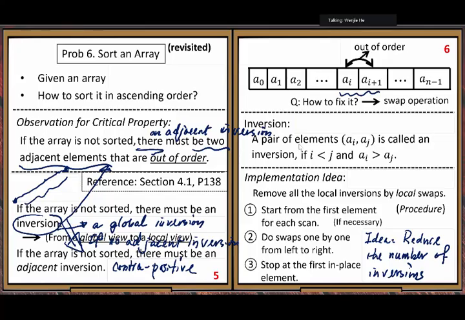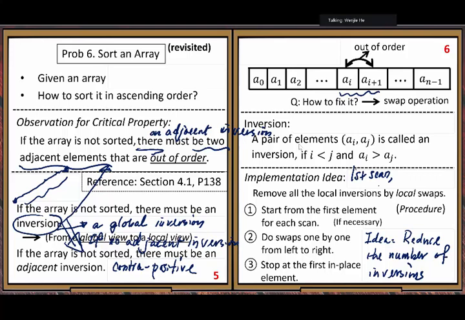After the first scan, let's look at the first scan. After the first scan, where is the maximum? The maximum element in this array.